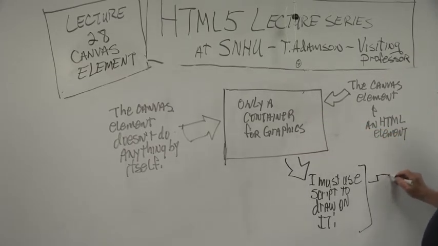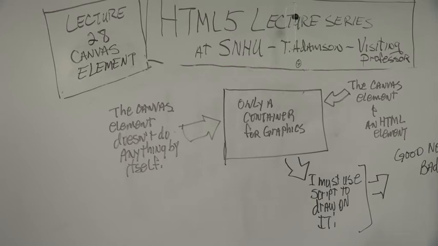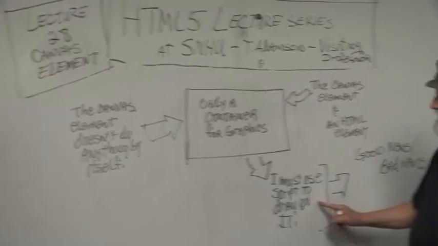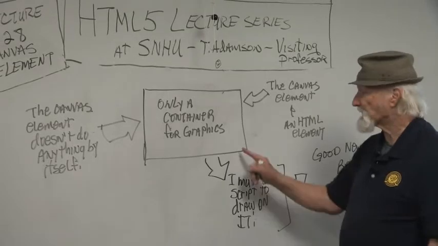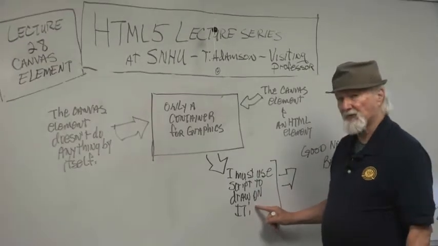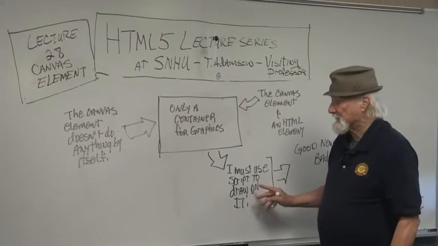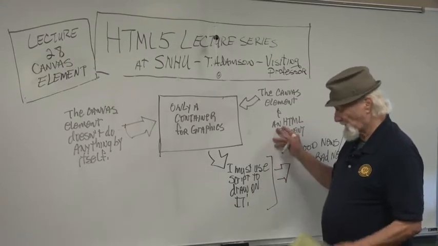This is good news, bad news. Good news, bad news, because the bad news is I have to relate script to HTML elements. But the good news is, since it is script, I can make it dynamic. But remember, in the other stuff that we were doing, like in CSS3, we didn't have to use any script. And we didn't have to use things that related it.